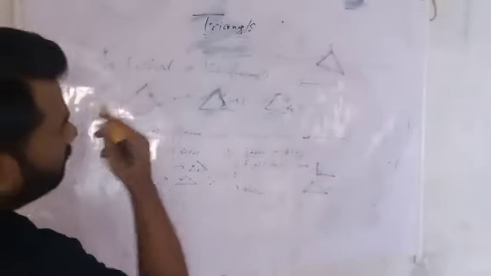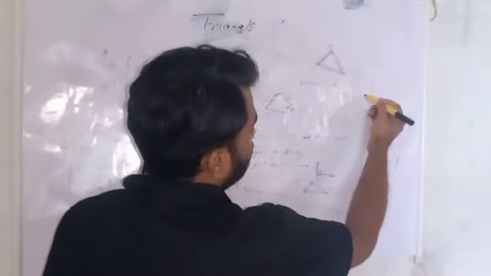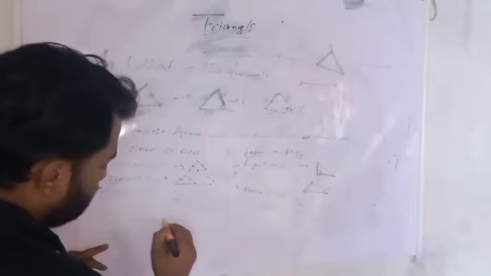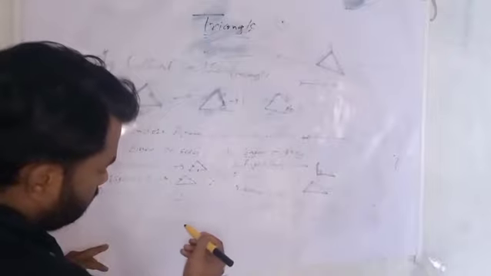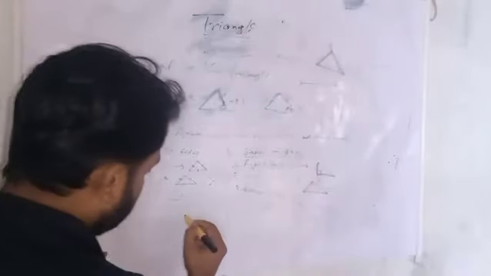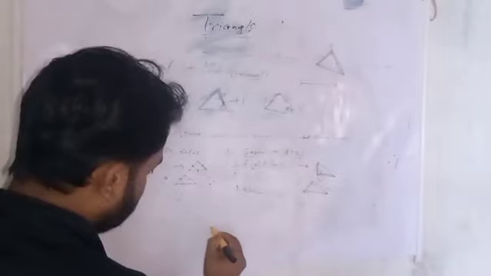Okay. Now the second word is area. Think here, what is area? What is the area of the triangle?